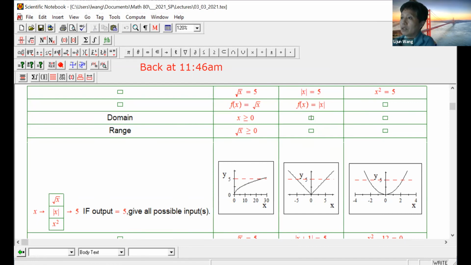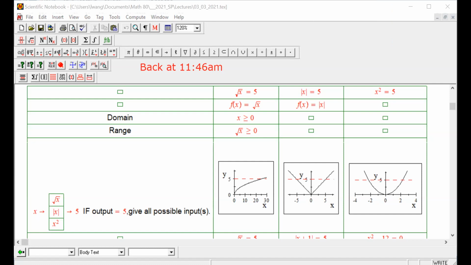Let's see who can tell me what the domain is. Francisco? What is the domain for absolute value of x? Feel free to look at the notes. Marcelo? Marilyn? Infinity. Anna? What is the domain?